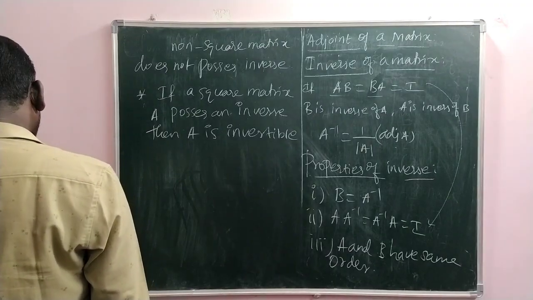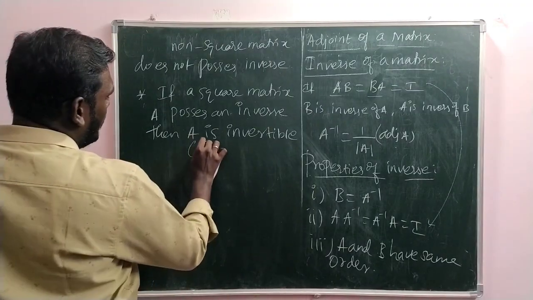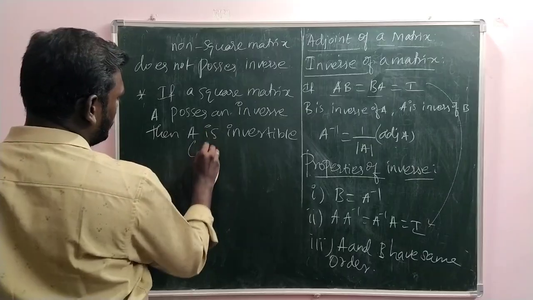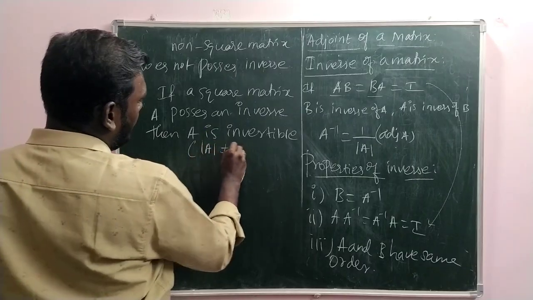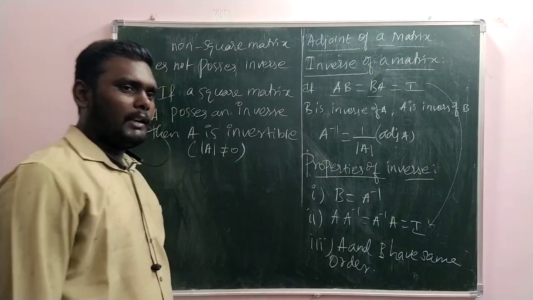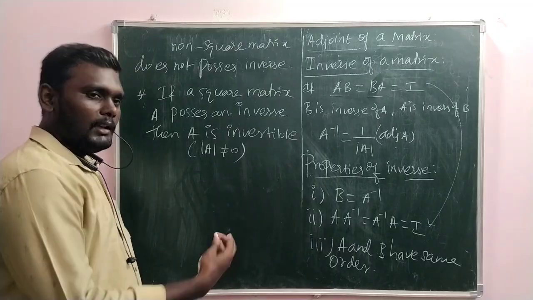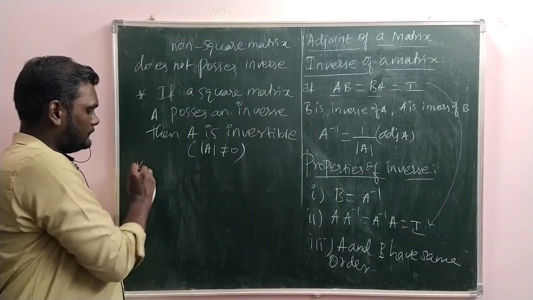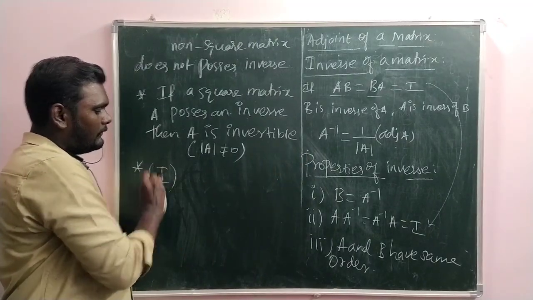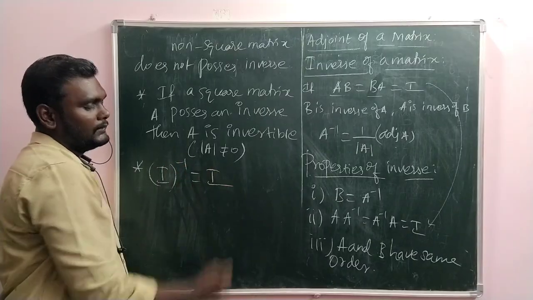Okay. Simply, if determinant of A is not equal to 0, directly you can say a square matrix with determinant of A not equal to 0 is an invertible matrix. Okay. And the inverse of the identity matrix is itself.